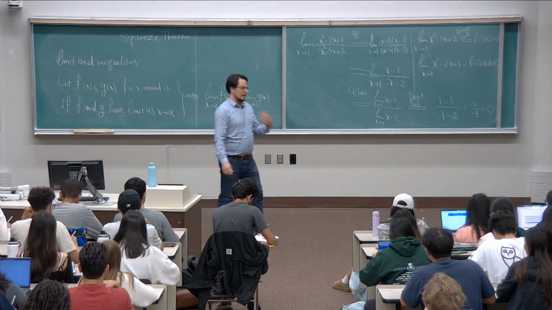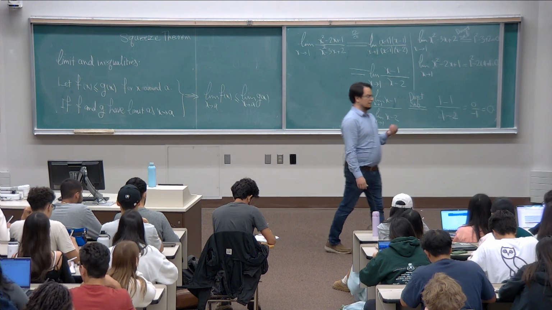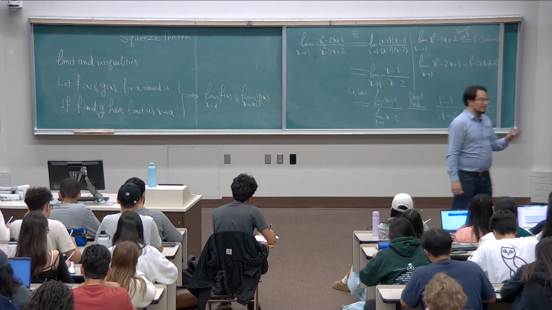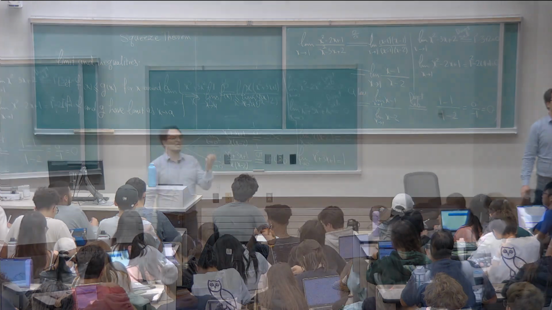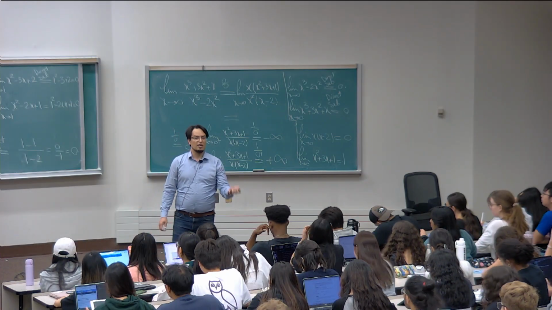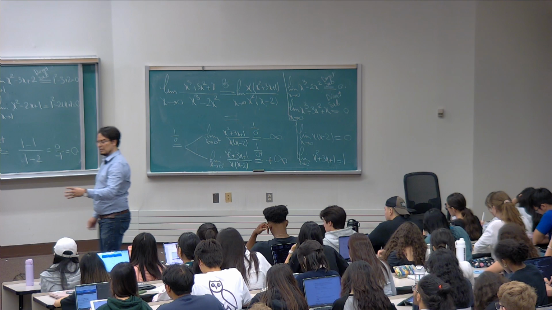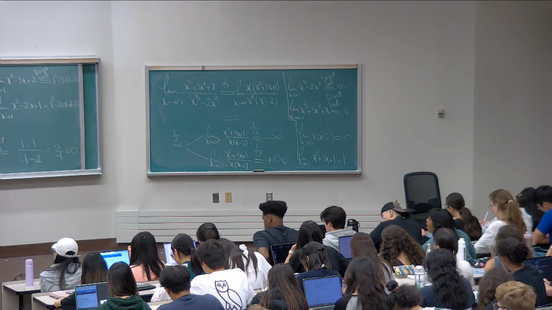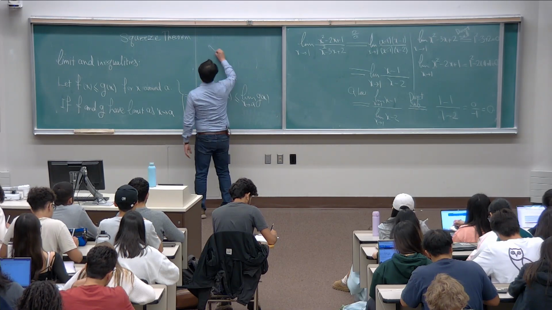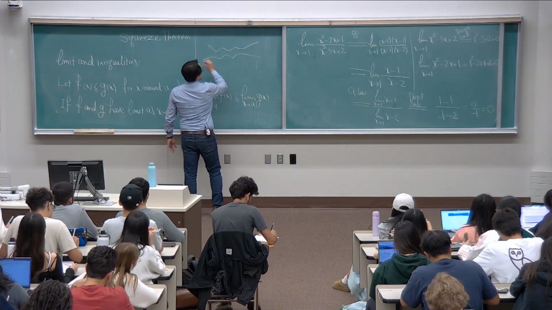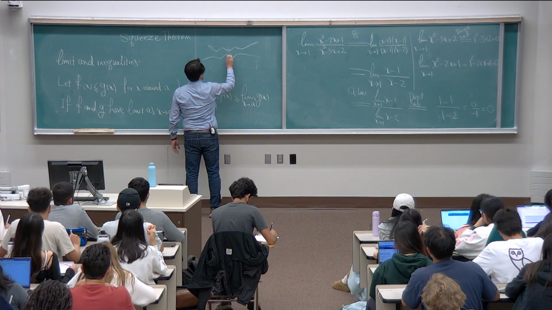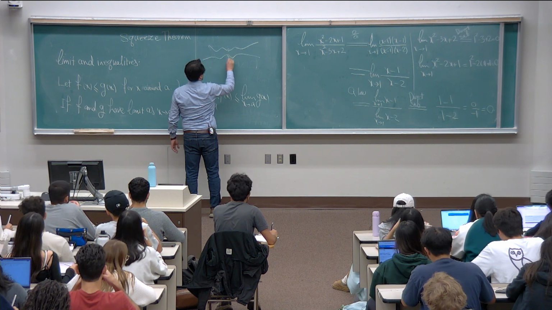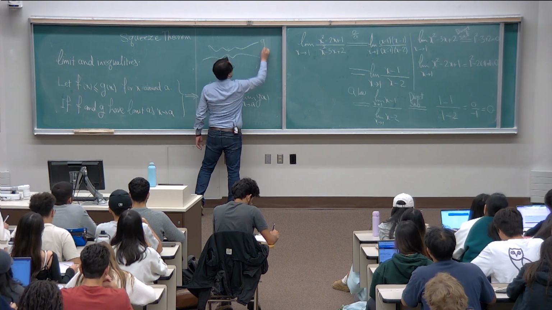Or, as I like to put it in a different form, limit respects inequalities. If a function is smaller than another one, its limit is going to be smaller than the other one. Graph-wise, when you look at a function like this, this is a, this is g, this is f.